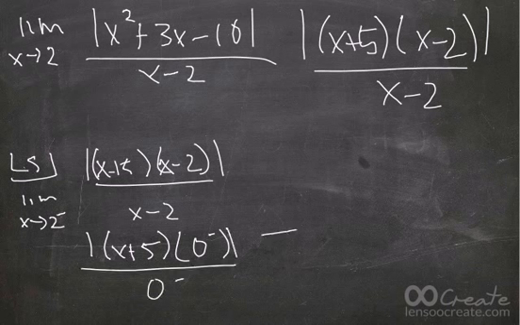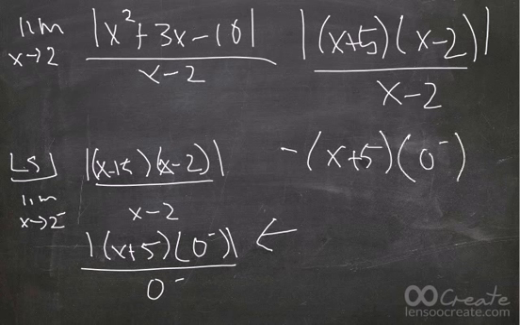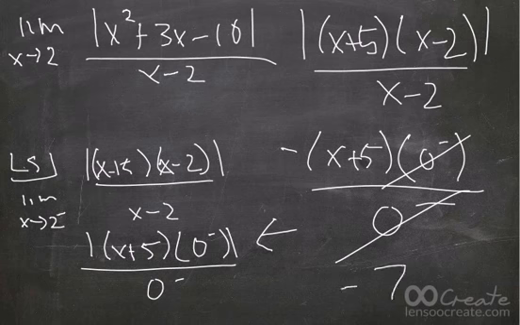And now, because this whole top part becomes negative, we take the negative of the whole thing and drop the absolute value signs. And now we can see the zeros cancel, and we get negative x plus 5. And then you can go ahead and substitute 2 in, and you get negative 7.